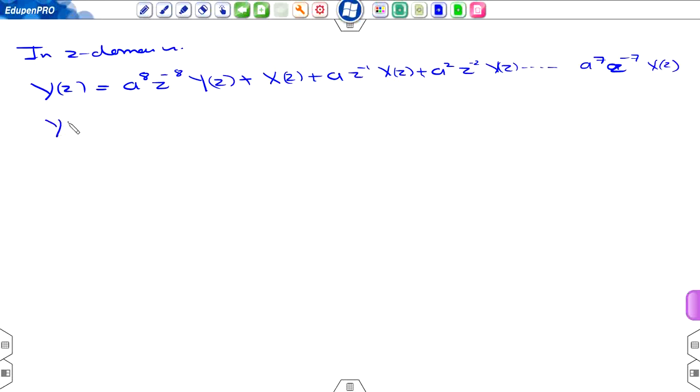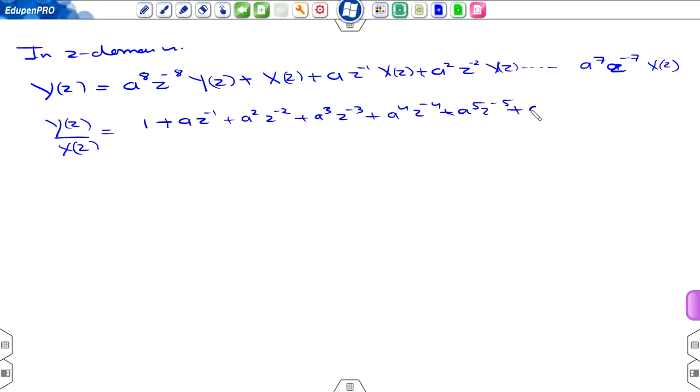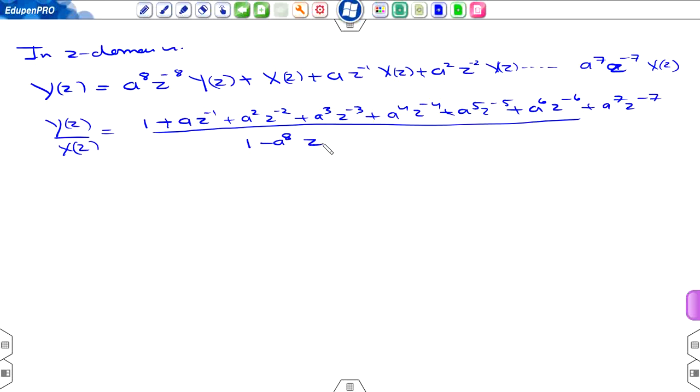Okay, so Y(z) by X(z) can be written as 1 plus a z^-1 plus a^2 z^-2 plus a^3 z^-3 plus a^4 z^-4 plus a^5 z^-5 plus a^6 z^-6 plus a^7 z^-7, and in the denominator 1 minus a^8 z^-8.